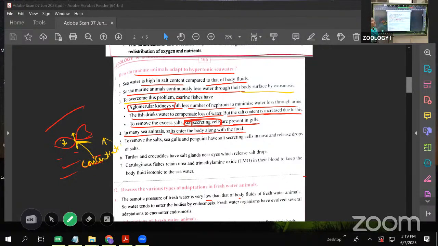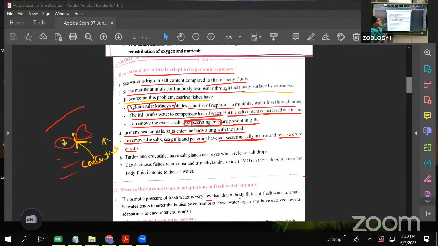For removing that salt, seagulls and penguins have salt secreting cells in the nose.